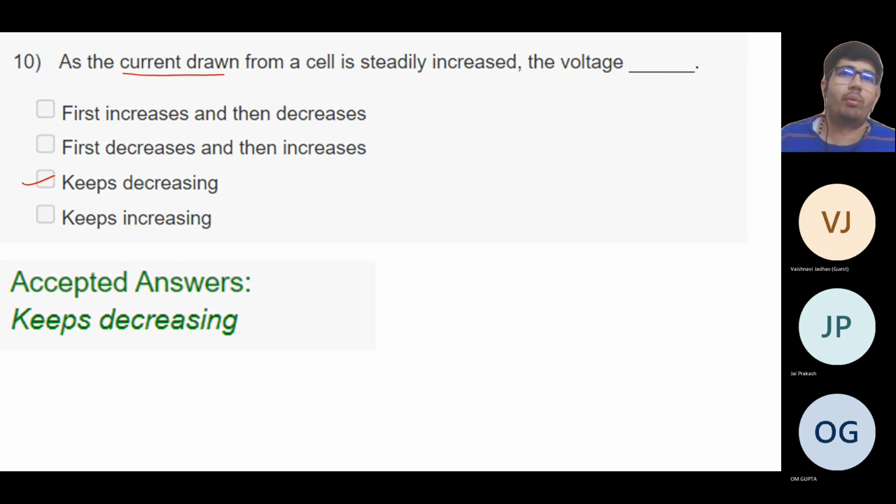It means that more and more electrons are generated, more chemical is reacting. So when more and more electrons are generated, more and more ions are liberated, so there will be mass transportation losses. Due to those mass transportation losses, voltage will decrease.